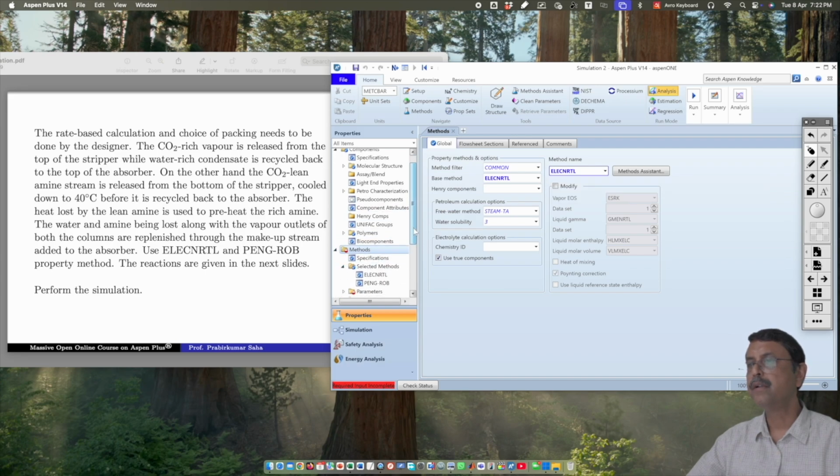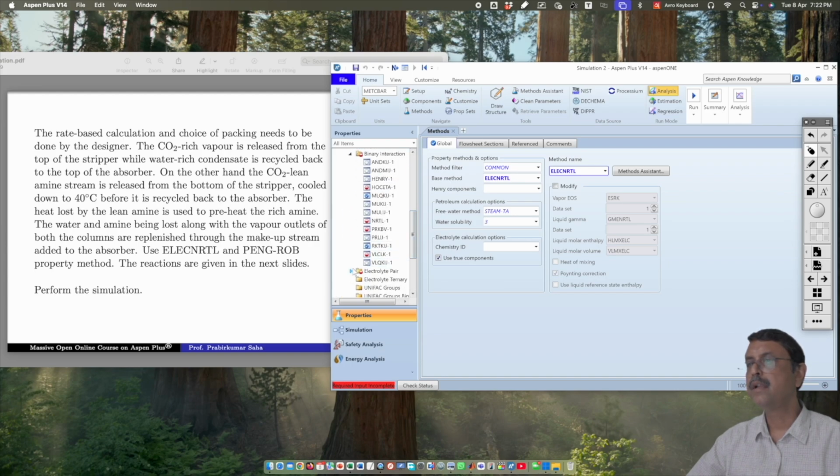So both the methods we have chosen, and we have to get them. Okay, so we will press next.